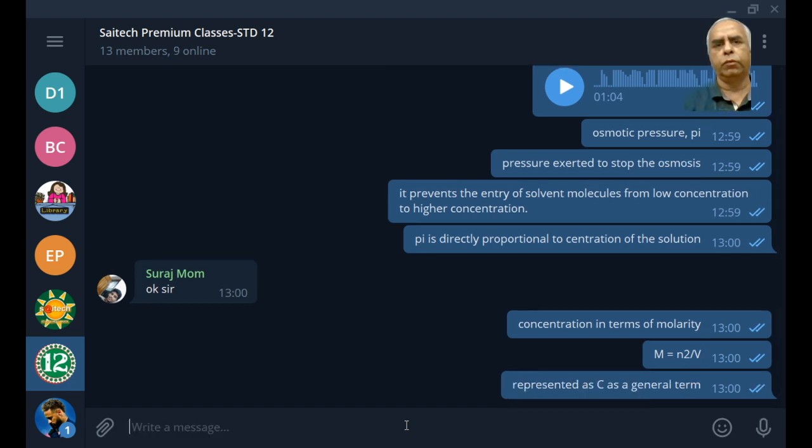When we remove the proportionality, you have to introduce the constant, and that is R, similar to the gas constant.